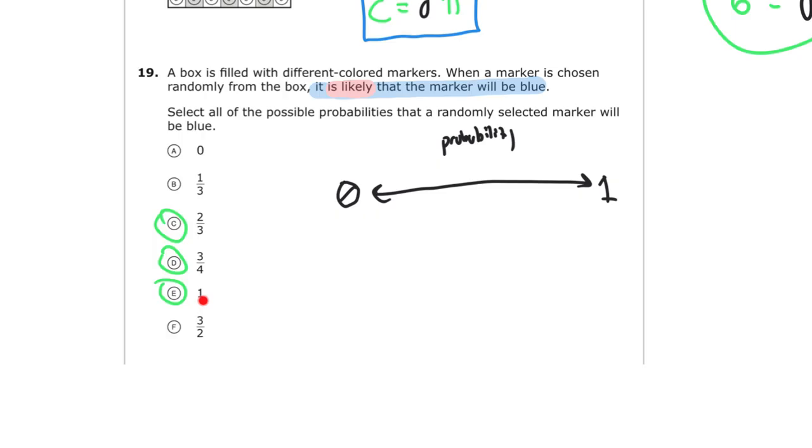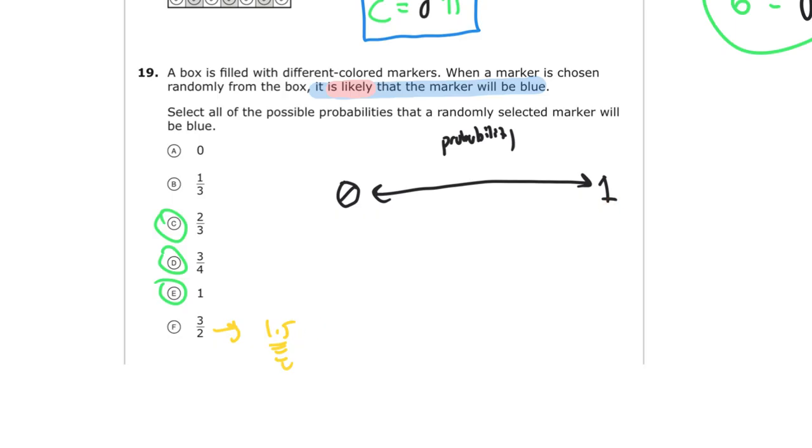All right. Now, this one is interesting because if you really look at this, 3/2, if you were to do division with that, 3 divided by 2, that's really 1.5. Now, hopefully, my student watching recognizes that that's more than one.